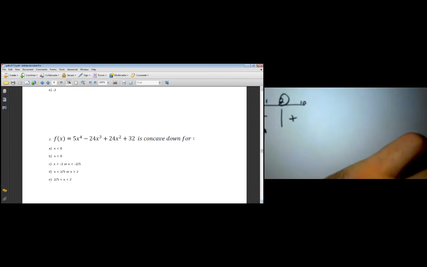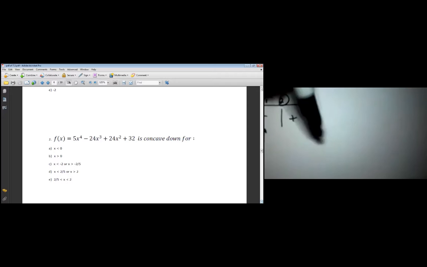No, I mean, for example, I write down my answer. So what's your answer? 2 over 5 is less than X, and X is less than 2. Okay. You get that right. And then based on that, you eliminate the answers. Because if you just look at the answers first, sometimes it can throw you off. Oh, yeah, that makes sense. Yeah, that makes sense. Okay.